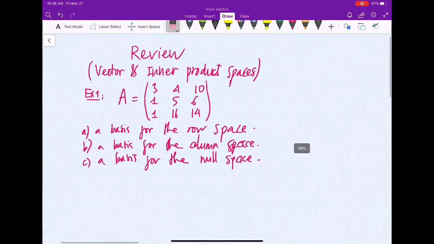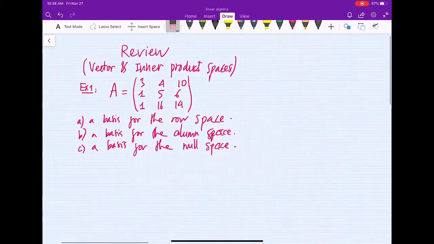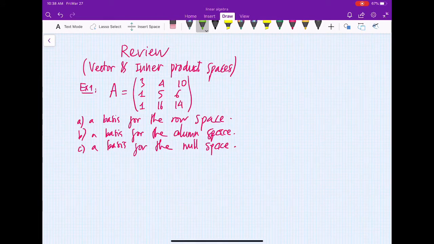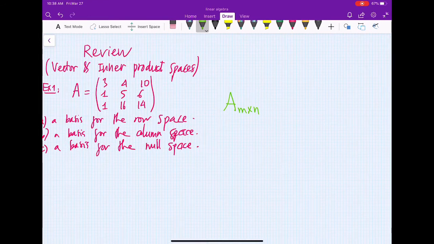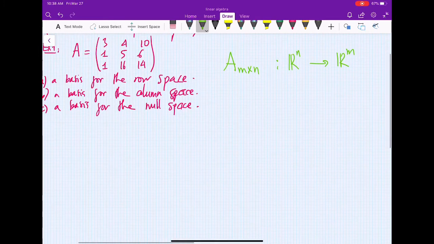Okay, so what are they? If you have matrix A with m rows and n columns, you can consider A as a map from Rn to Rm. Why? Look at this. You have row 1, row 2, R1, R2, and so on to Rm, and then you have the first column called C1, C2, and Cn.